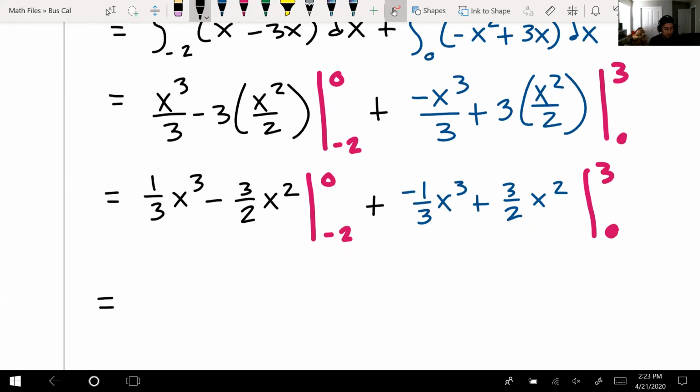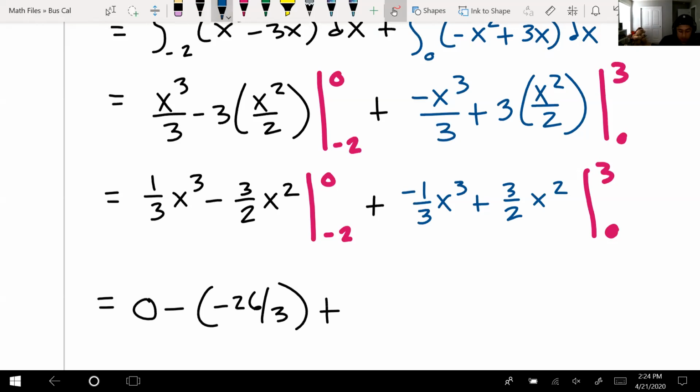All right, let's see what we got. 1/3 x cubed minus 3/2 x squared. Type in 0, I get 0. 0 minus, type in -2, I get -26 over 3.